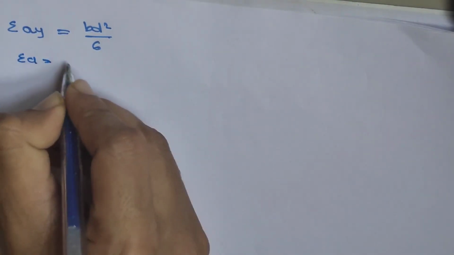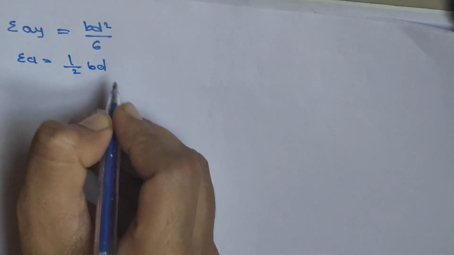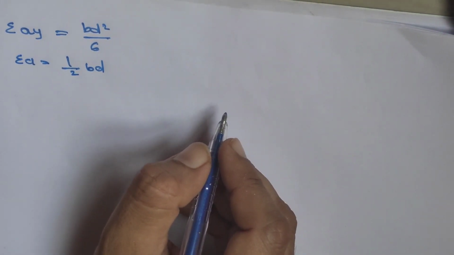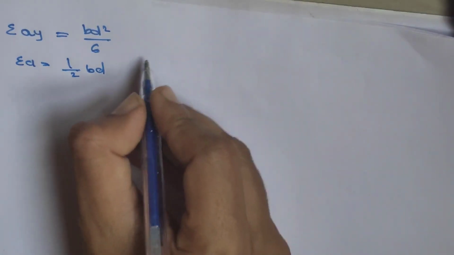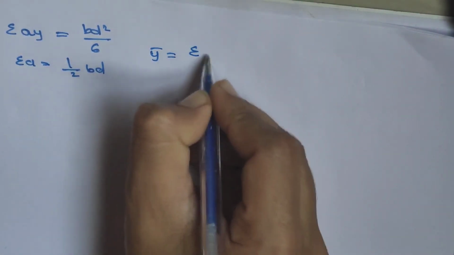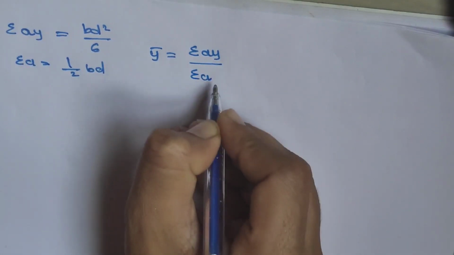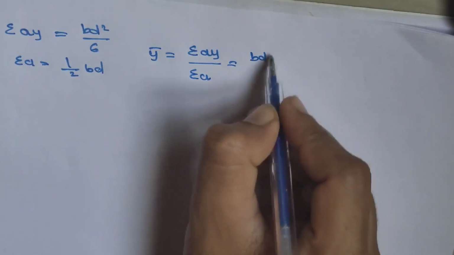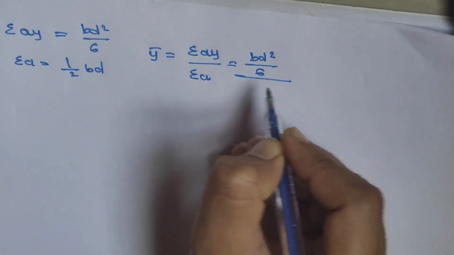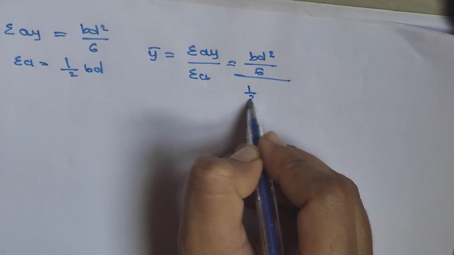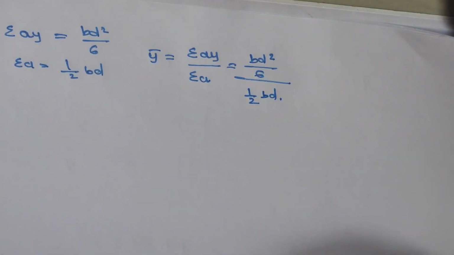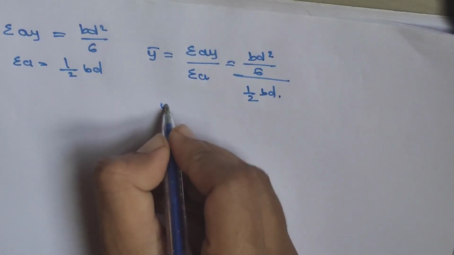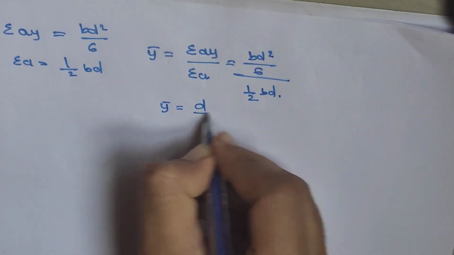Summation a equals half into bd, which is the entire area of the triangle. Now y bar will be summation ay divided by summation a, that is bd square by 6 divided by half bd. So while cancelling, you will get y bar equal to d by 3.